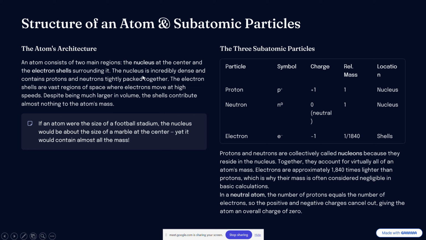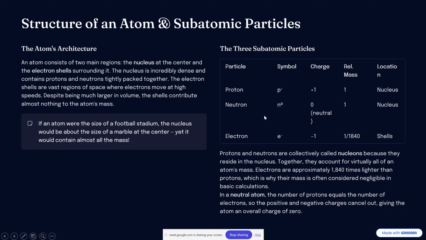This nucleus is dense and contains protons and neutrons tightly packed together. Oh yes, we didn't include who discovered neutrons. Please note, that was James Chadwick. We'll be given an assignment to check up some of these discoveries, and likely we're going to have more discussions on that, or a questions and answers session, by next class.